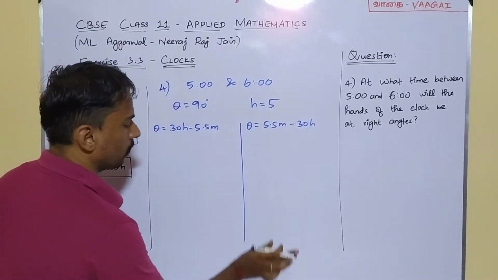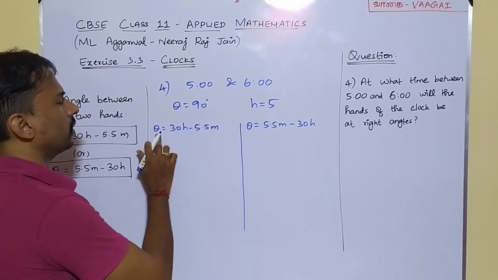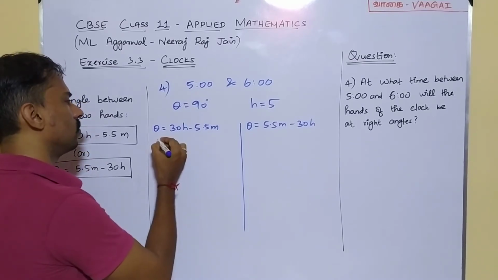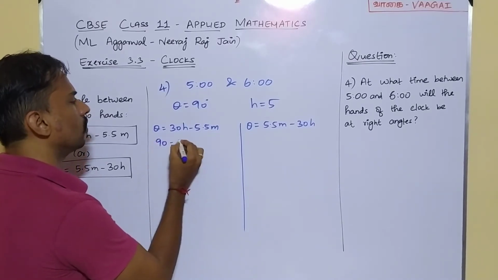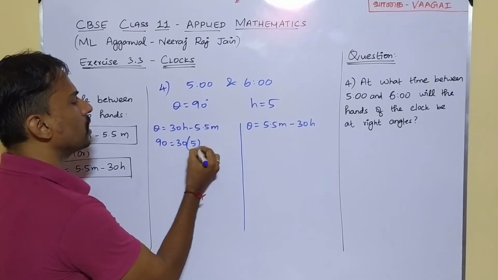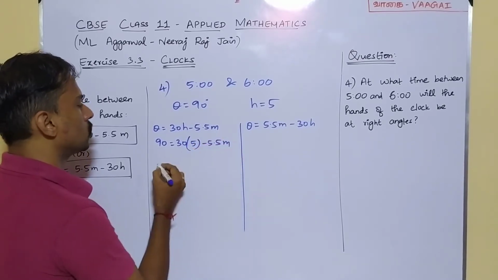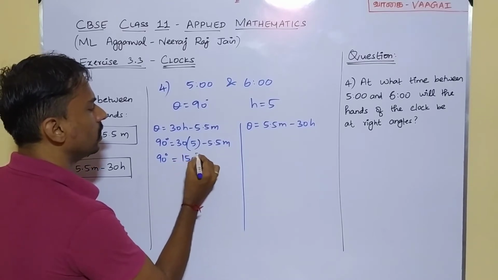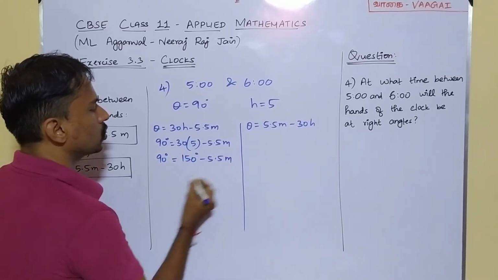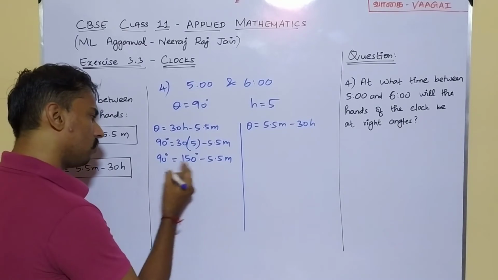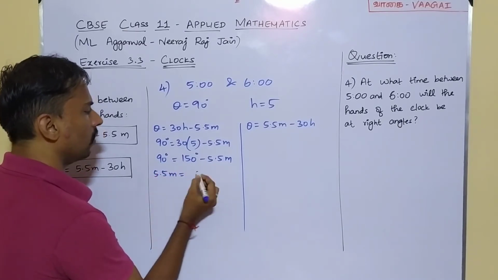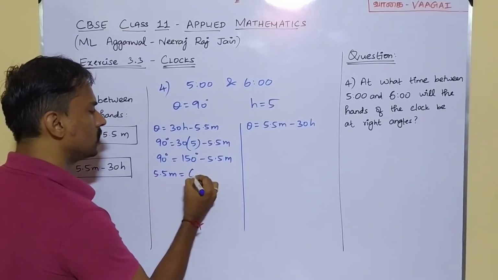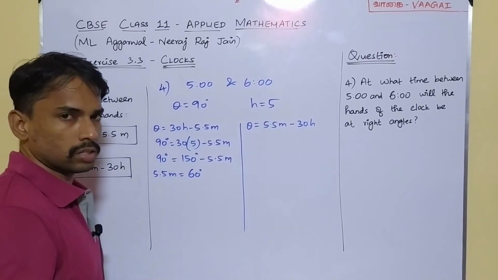So our theta will be 90, right? In that case, we will have 90 is equal to 30 into 5 minus 5.5m. So we will have 90 degrees is equal to 150 degrees minus 5.5m. When you solve for 5.5m, we will have 5.5m is equal to 60 degrees. Is this clear? Why?